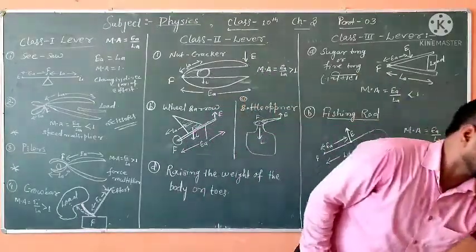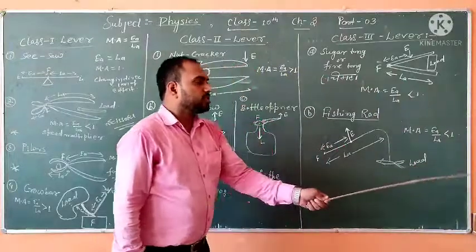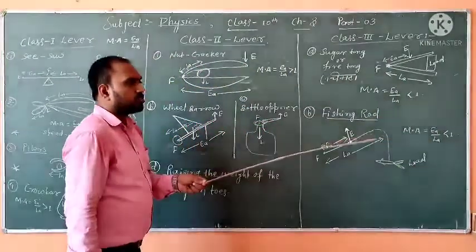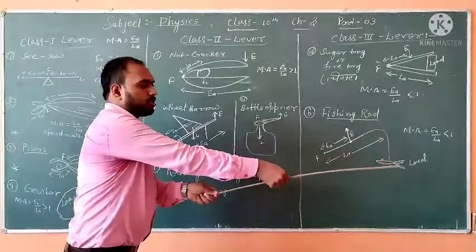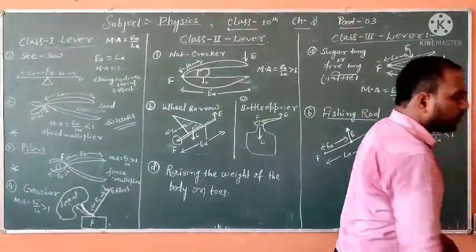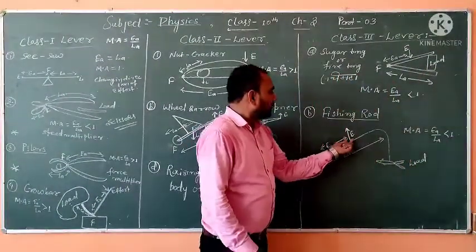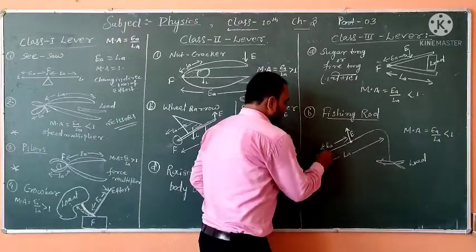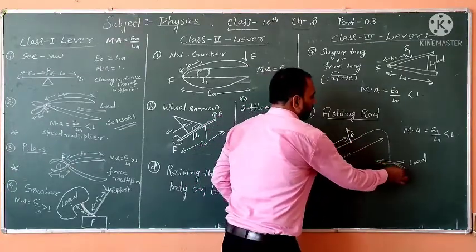Mechanical advantage is less than 1 also in a fishing rod. You just use it like this. But when you find that some fish has been caught, then you apply force here to draw it out from the water. That's why the effort is in the middle of the rod, while the fulcrum is this and the load is this.